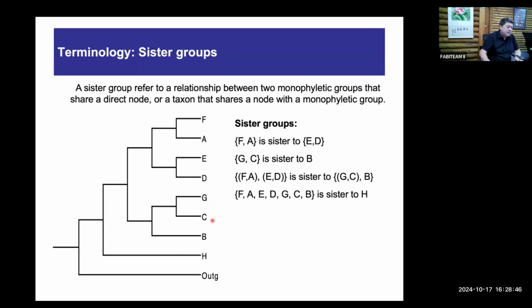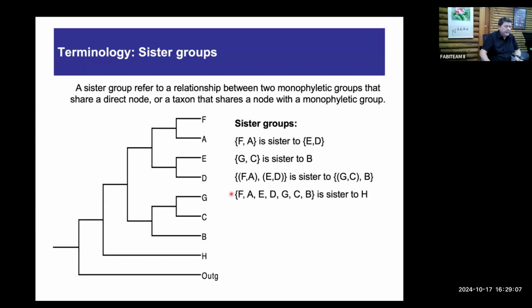Now G and C here, they represent a monophyletic group, but they are not sister to FA or to the monophyletic group that includes E and D.